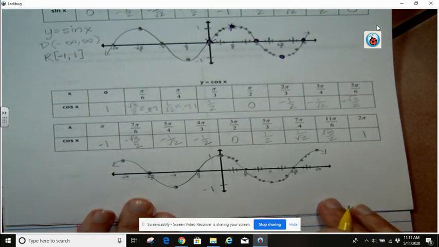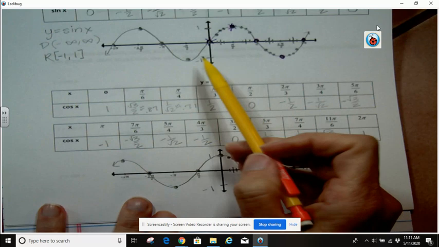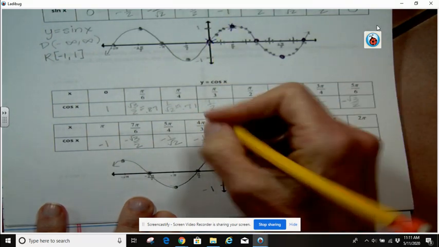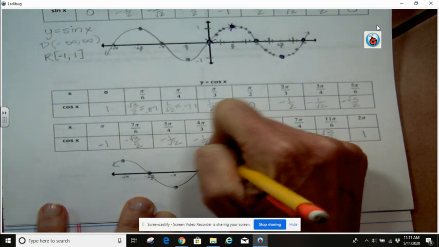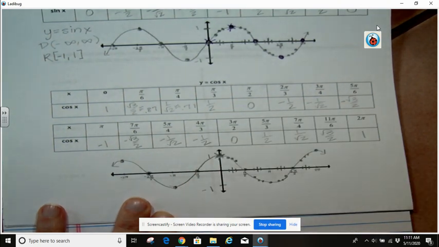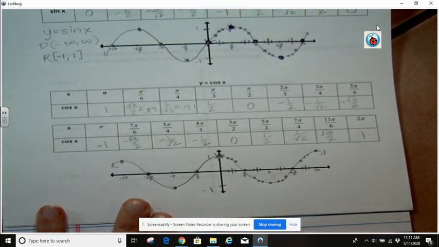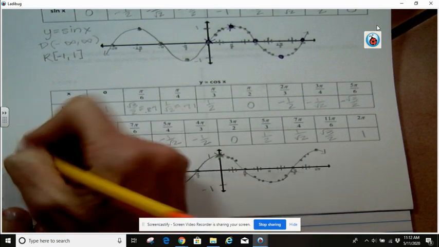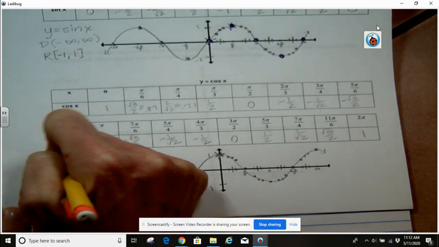What we want to remember here with the sine, we wanted to remember origin followed by the maximum. Here, if we just remember that the cosine starts with a maximum on the y-axis, the only thing that can follow that is the x-axis, x-intercept. So we only really have to remember it starts with a maximum. So this is the parent function for cosine.